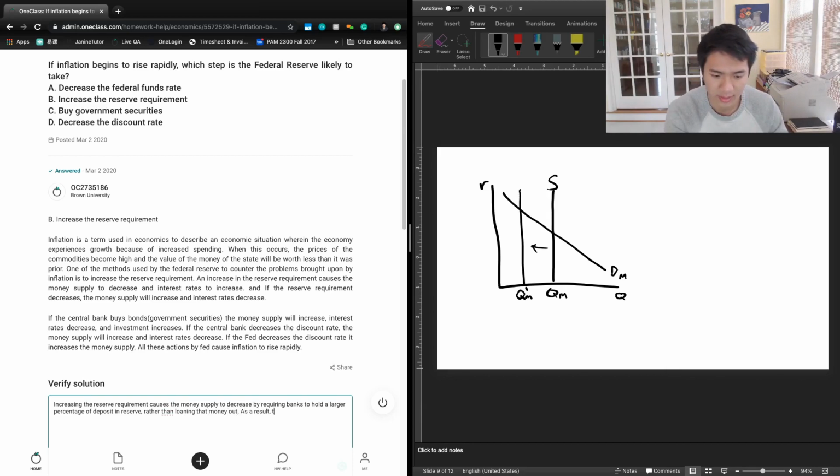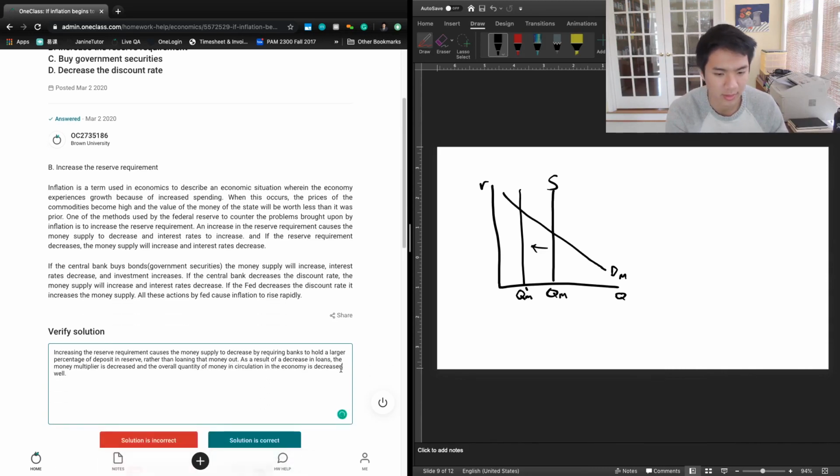As a result of a decrease in loans, the money multiplier is decreased, and the overall level of money, the quantity of money in circulation in the economy, is decreased as well.